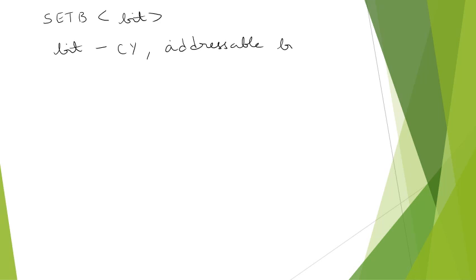Next instruction is SETB bit. The function is set bit. So this instruction sets the indicated bit as high. So the bit can be the carry bit or any directly addressable bit of port, register or RAM location.